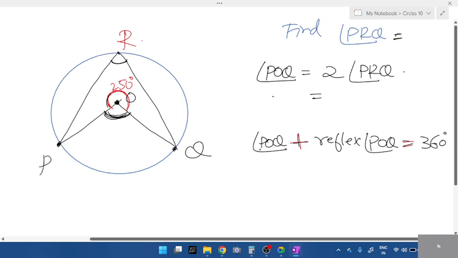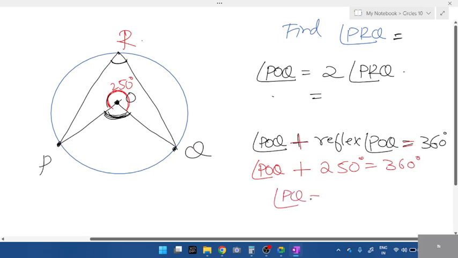Okay. So this is the angle formed at the center. Which angle is given here? POQ or reflex POQ? Which one is given? Reflex angle POQ, right? What is reflex angle POQ? 250.